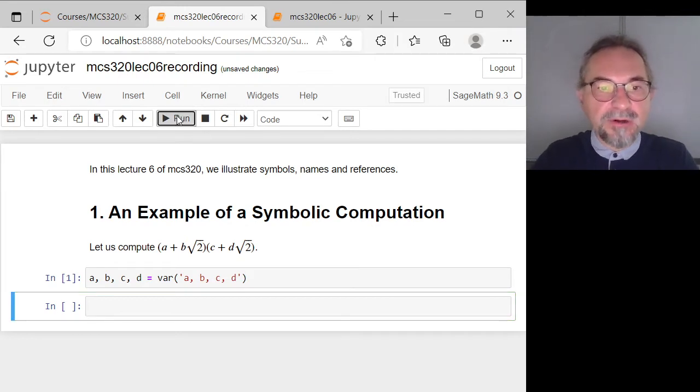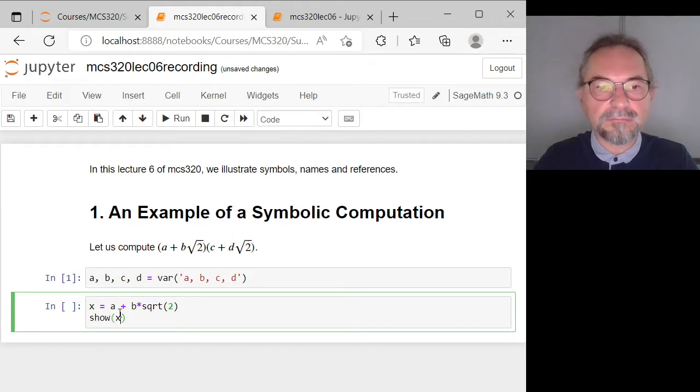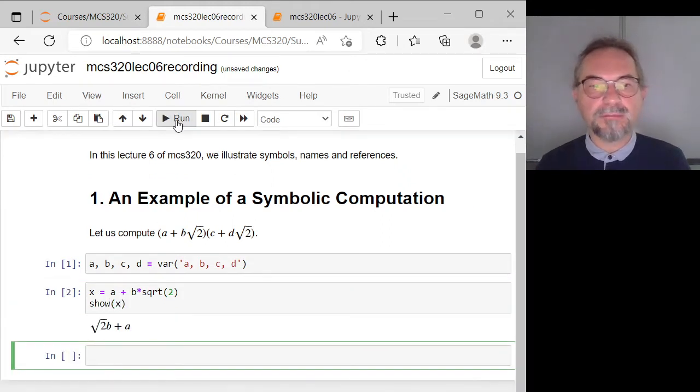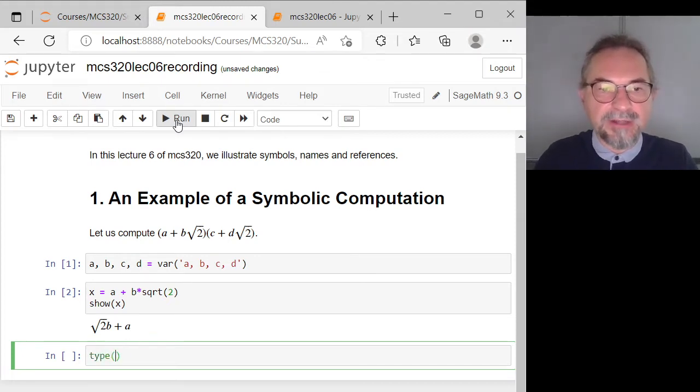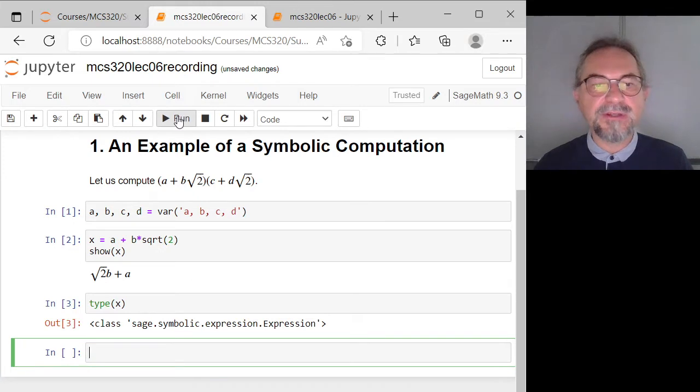Okay, so if I now compute with those, here is my first symbolic computation. I will write this up. So I have the symbolic expression, everything is typed, so I can verify this. The type of x is a symbolic expression.